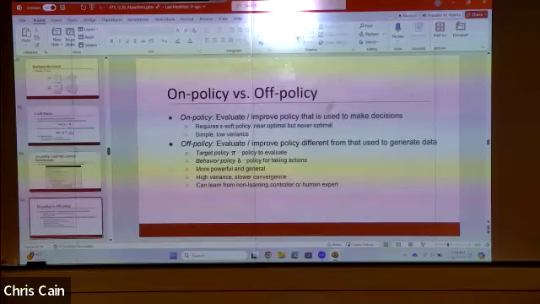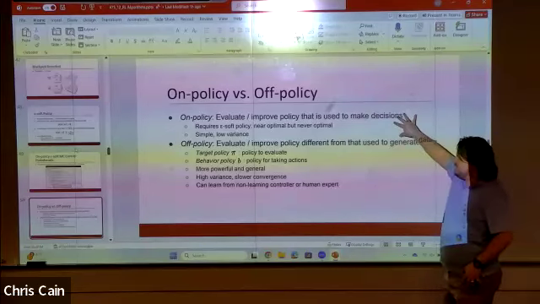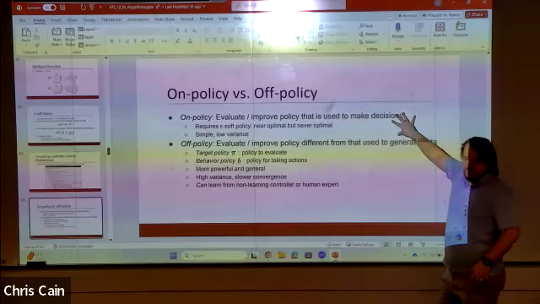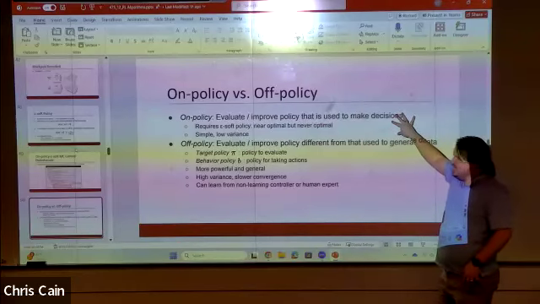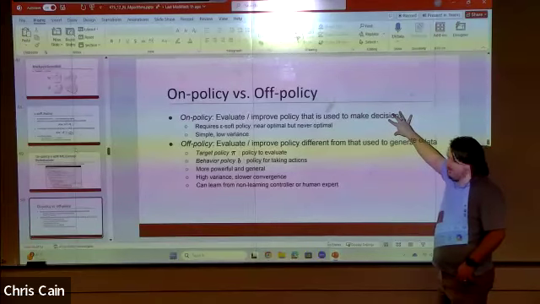Let's see. This is a very important conversation. So maybe I will introduce you to this concept and then we'll come back eventually and talk about the rest of it. So let's talk about on policy and off policy. On policy is saying that what we actually choose to do is based on our policy and only our policy.